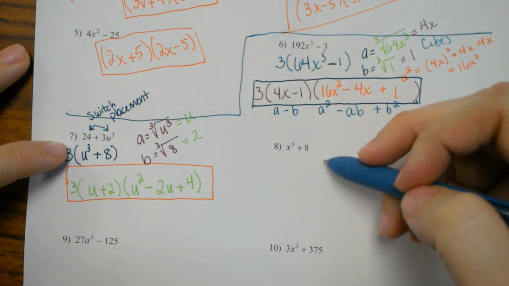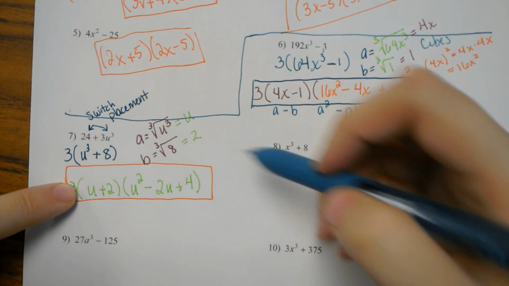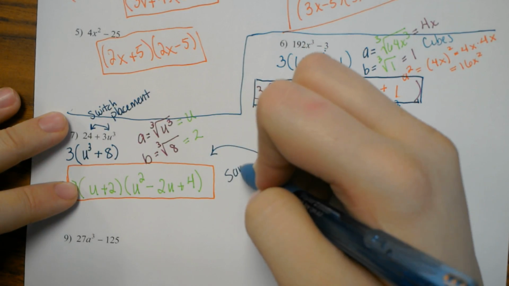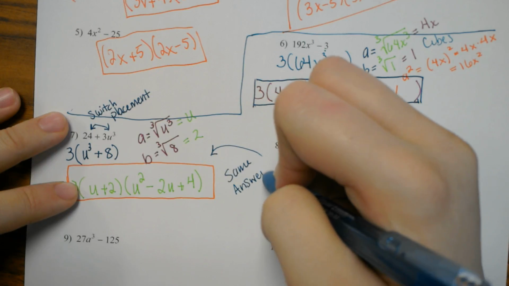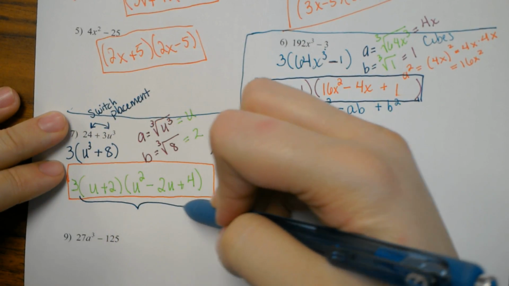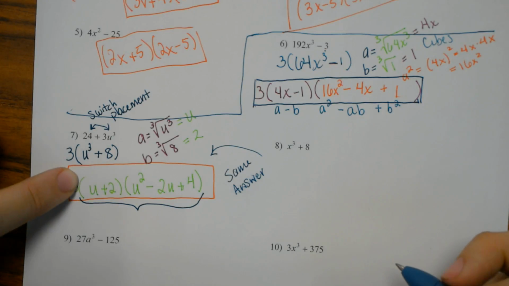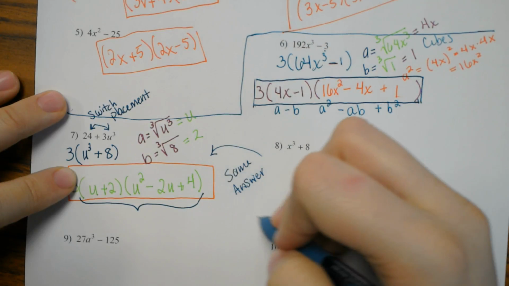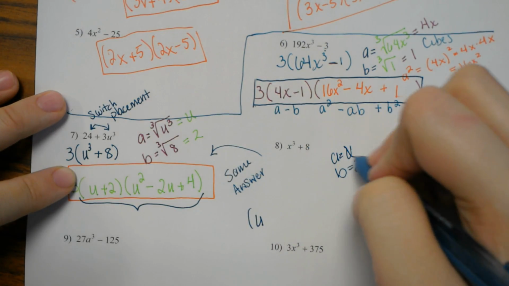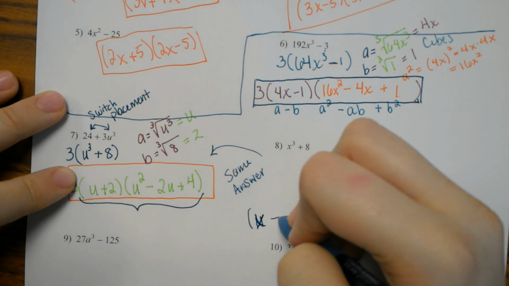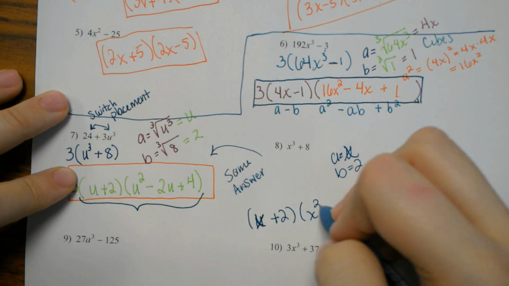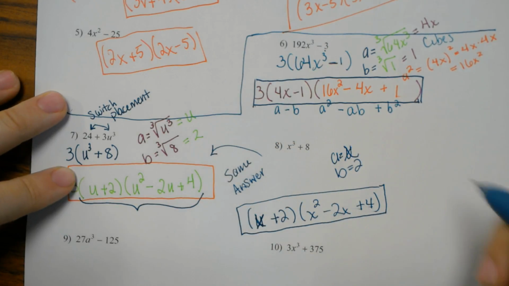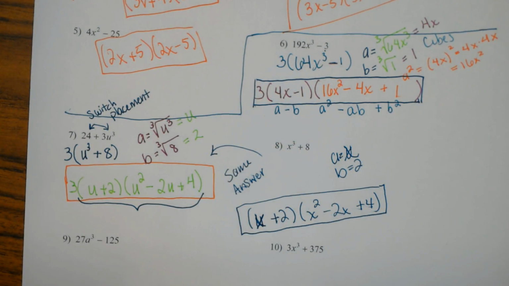And if you notice, 7 and 8, the inside is going to be the same as my answer over here, except for the 3. So again, a is u, b is 2. This one I have x plus 2, x squared minus 2x plus 4. So I got lucky.